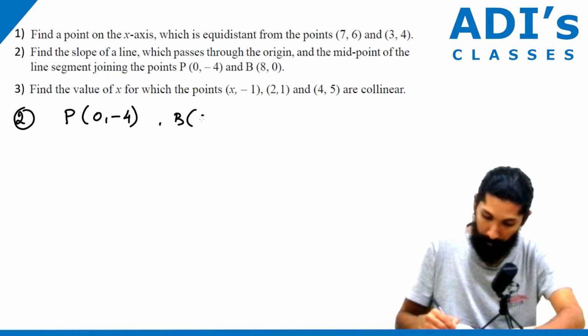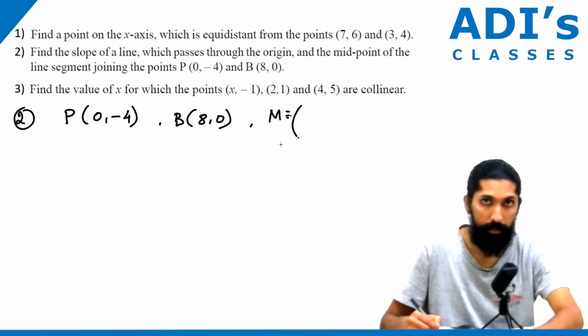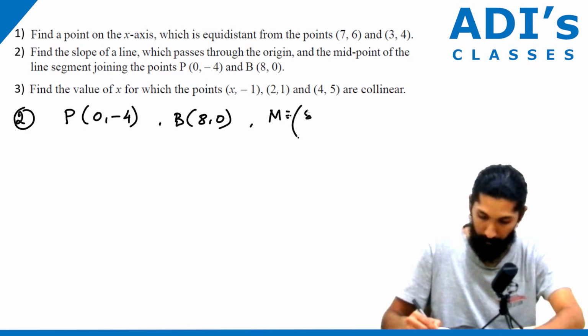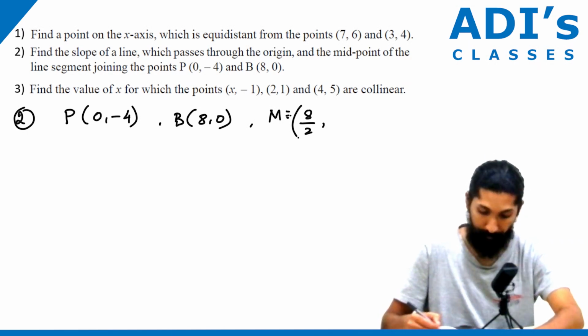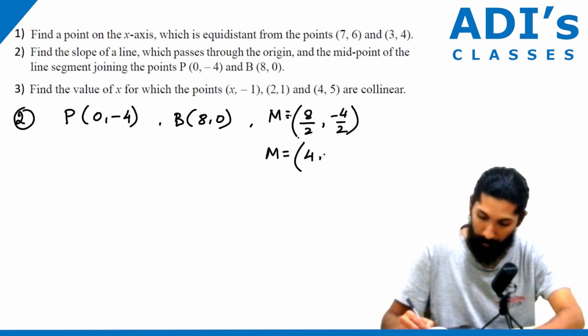Point B is given to be (8, 0), which is a point on the x-axis. Say M is the midpoint. You guys know the formula: (0 plus 8)/2, which is 8 by 2, and (minus 4 plus 0)/2, which is minus 4 by 2. So the midpoint we have is (4, minus 2).